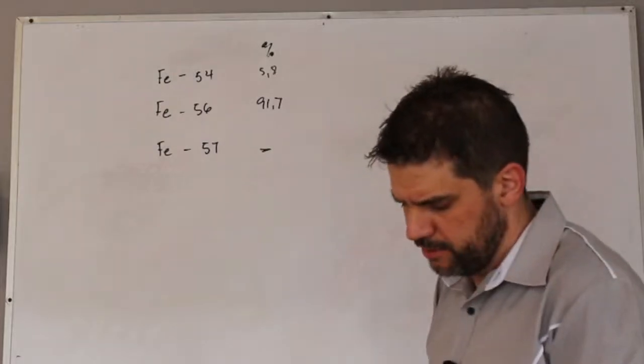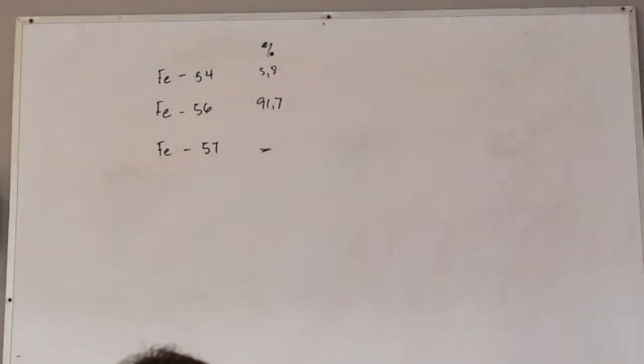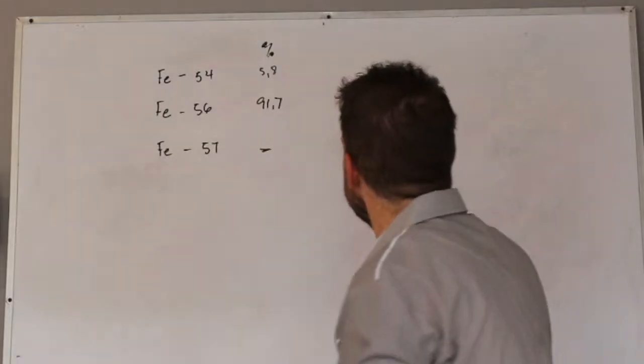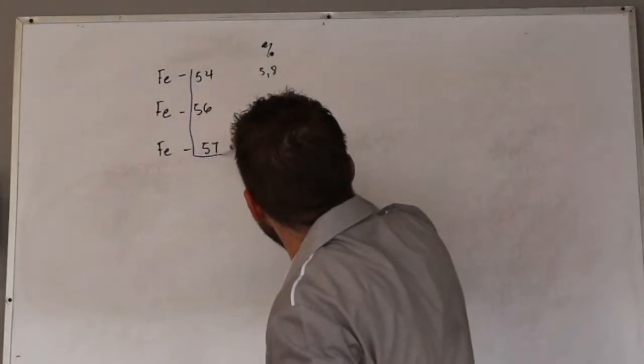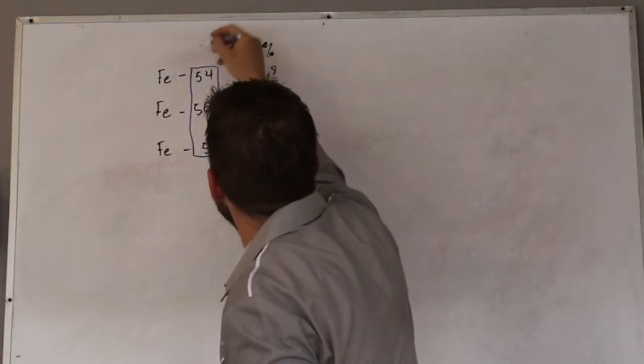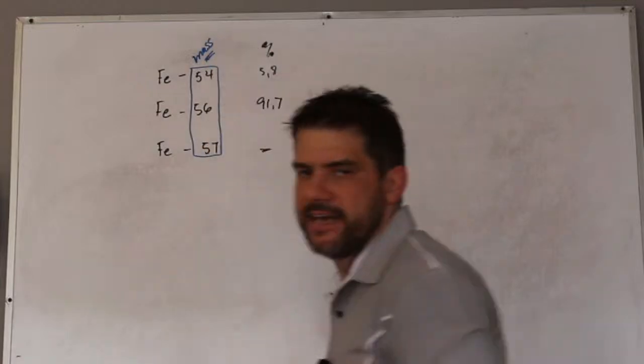Now let's speak about isotopes real fast, before we even start answering the question. These numbers that you see here, after the line, this is the mass of that specific isotope.